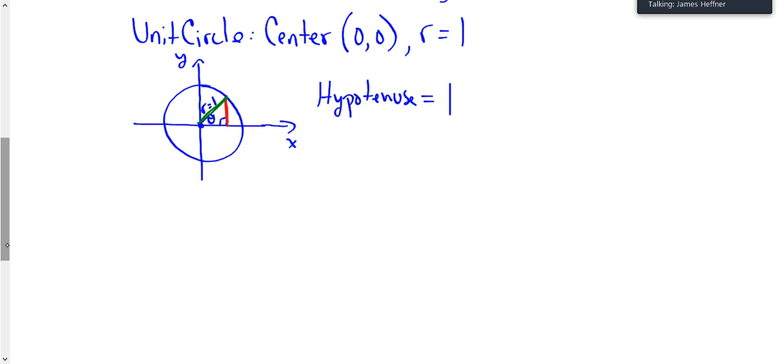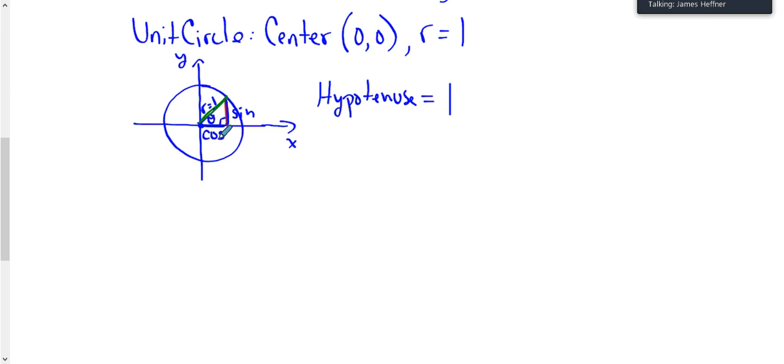So if I wanted to find the sine of that angle, it would just be the length of this side, the opposite side, over 1, which is just whatever the length of this side is. So whatever this is, is the sine. And this is adjacent, so what would this be of the angle? This would be the cosine, the cosine of the angle.